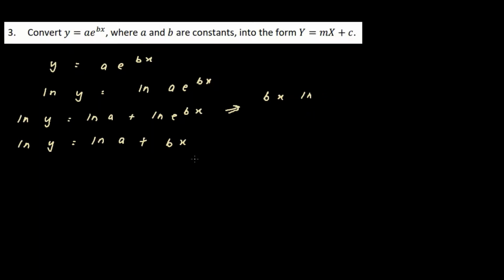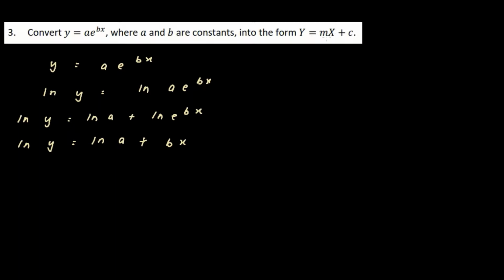After you have reached this step, is this in the form of y equals mx plus c yet? No. For the y, yes, because you have a variable in the term of y. But here, it's the natural log of a, which is a constant that doesn't fit into the part of mx.